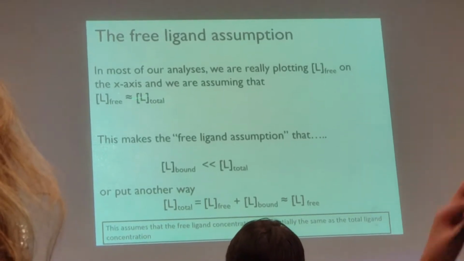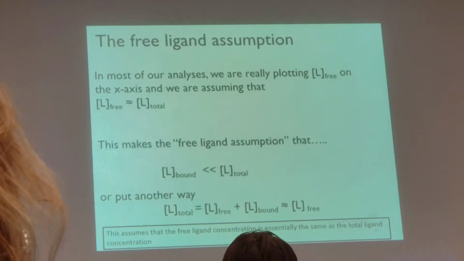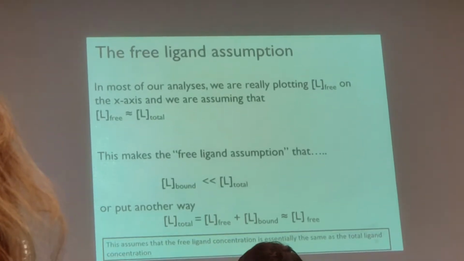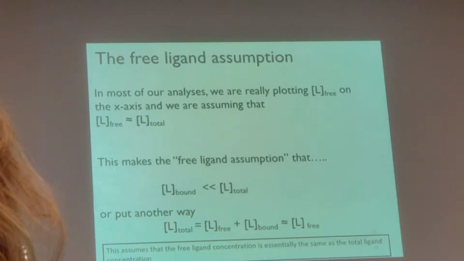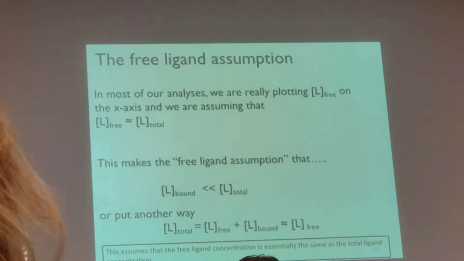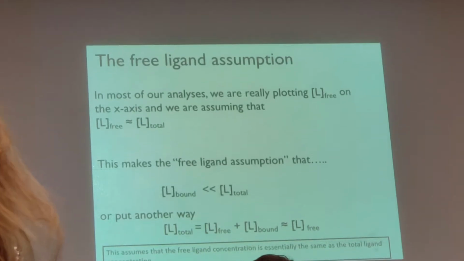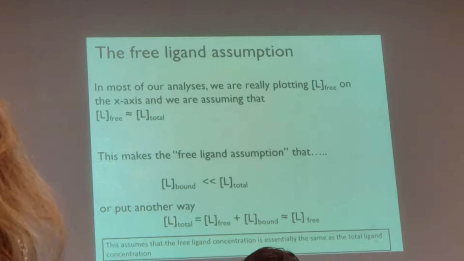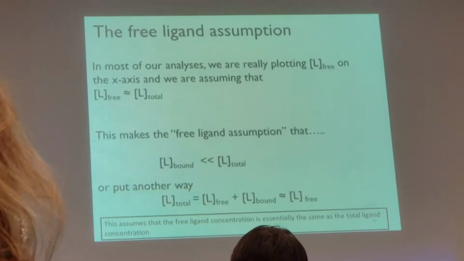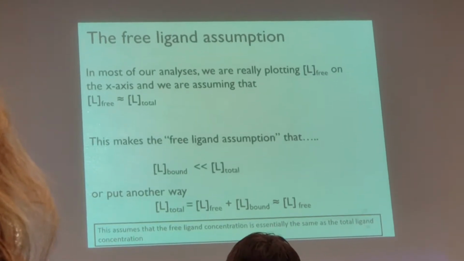So experimentally, if I do a titration, do I really know L free, or do I know L total? Just think about it experimentally. I'm titrating something in. Do I know free or do I know total? I know total, right? Because that's what I added. All right, so our assumption in this free ligand assumption is that free is basically equal to total.